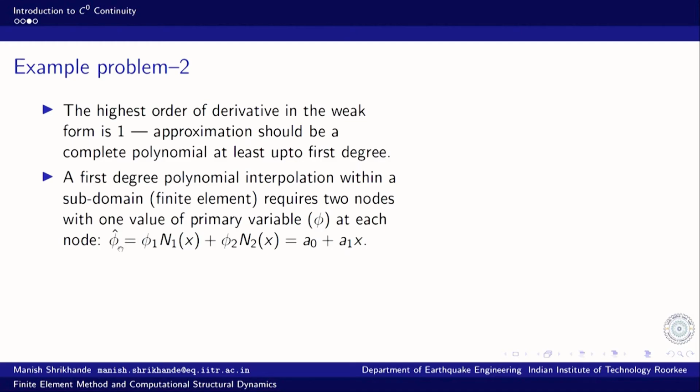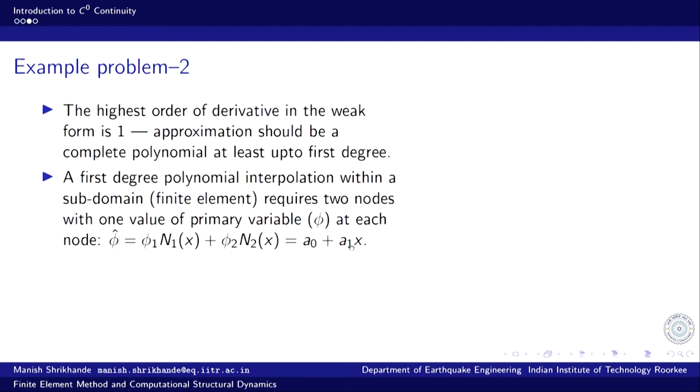So, when the function approximation is developed as this interpolation model, it evaluates to phi 1 at node 1 and to phi 2 at node 2, and in between it is a linear variation between phi 1 and phi 2. This linear variation can be represented as a general polynomial expression, a two term polynomial, that is a constant term and a linear term.